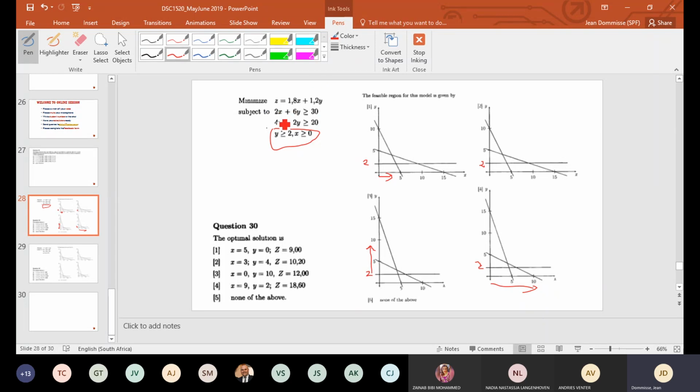That's the first thing I would have looked at, and then I would look at the other two options. So I look at that one and I would say, okay, when x is 0, what is the value of y? It's 5. In all of these, the value is 5.